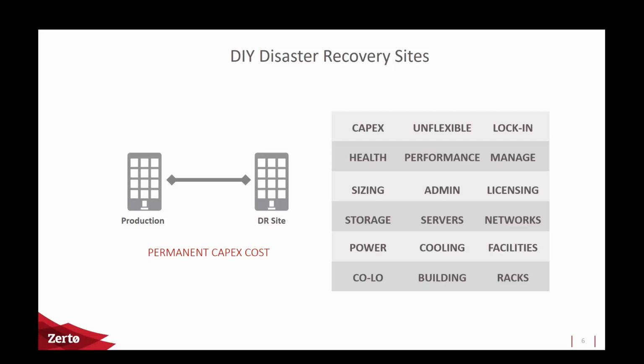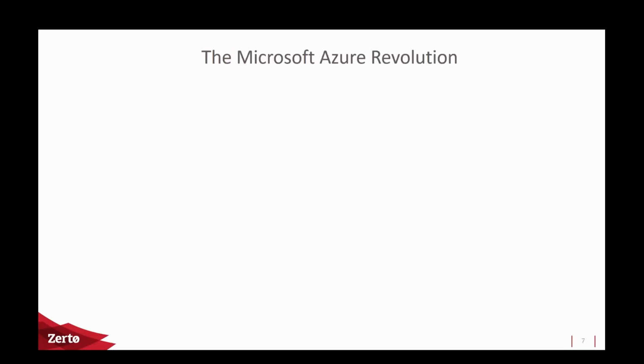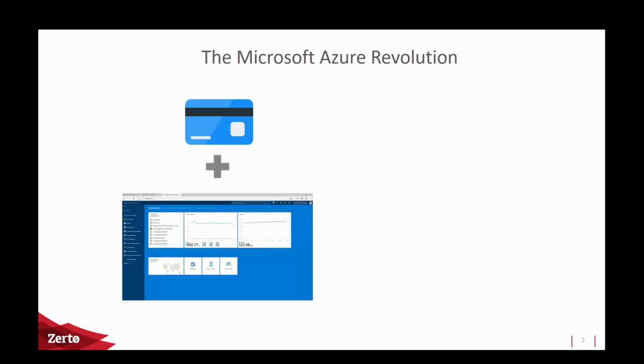It's a huge overhead. And when you look at the change and the revolution that Azure is bringing to the market, and yes, it started with AWS, we all know that, but the key differentiator for me in Microsoft Azure is this is the public cloud for vSphere and Windows administrators, where anybody can log into a simple web interface, put in the credit card details, maybe use your Microsoft Azure credits that you've got as part of your Microsoft licensing agreement, so it could be even free.